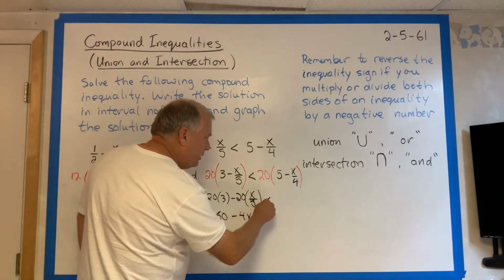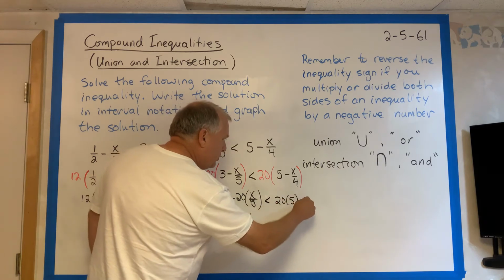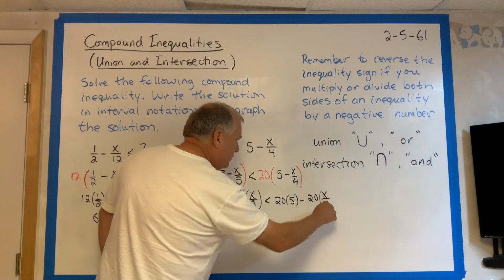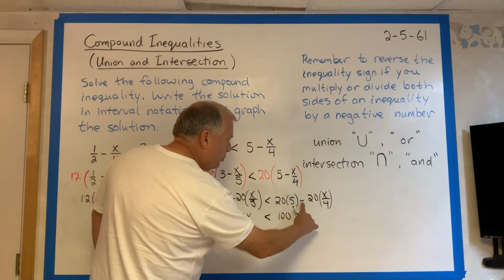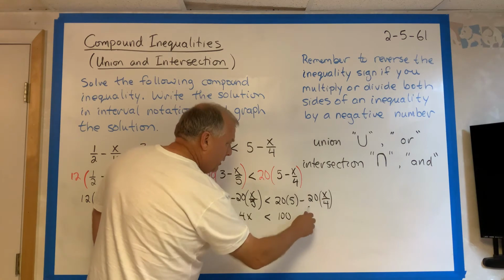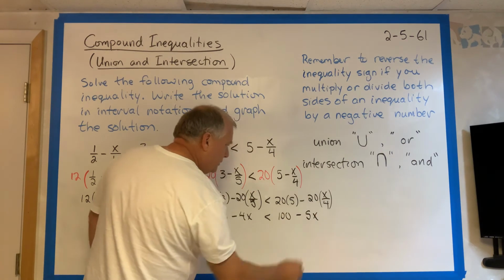Over here, 20 times 5. Subtract 20 times x over 4. 20 times 5 is 100. And 20 times x over 4, multiplied by 20, divided by 4. The net result is you're multiplying x by 5. And the minus sign is there.